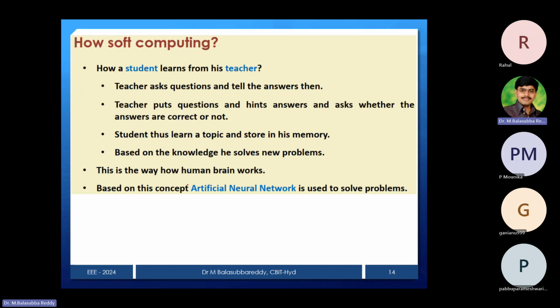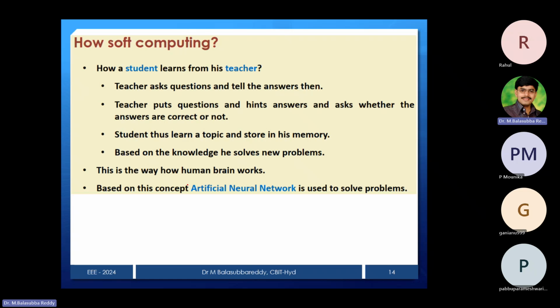Based on the knowledge, he solves a new problem. By the above points, he will learn something. After that, he will take any problem and solve it on his own. That way, the student learns the concept from the teacher.